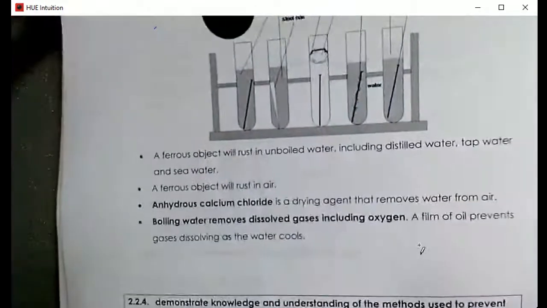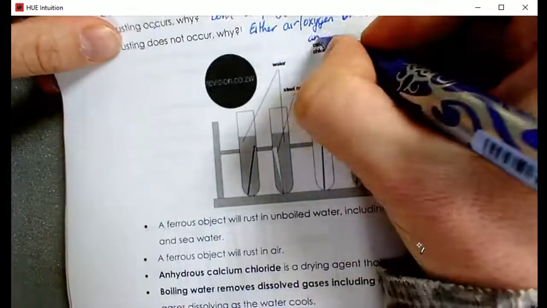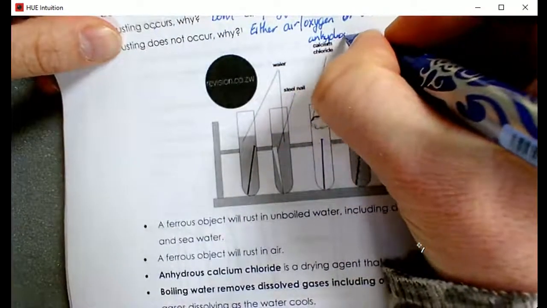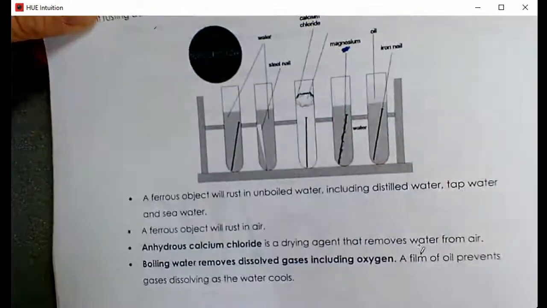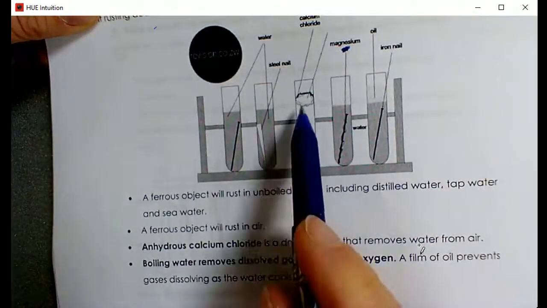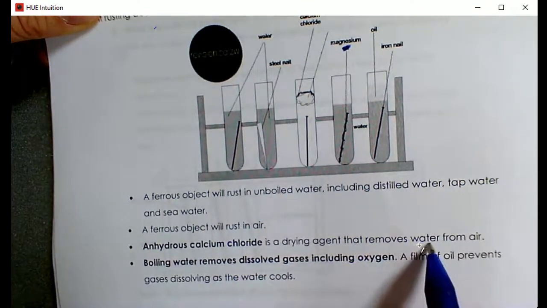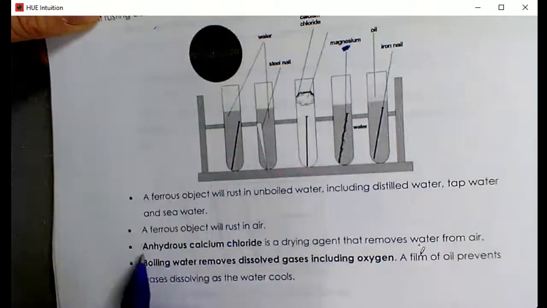The important thing here is the role of anhydrous calcium chloride. So that should be anhydrous. If you put anhydrous calcium chloride into the container, it's a drying agent and it will absorb water from the air. So that's its role.